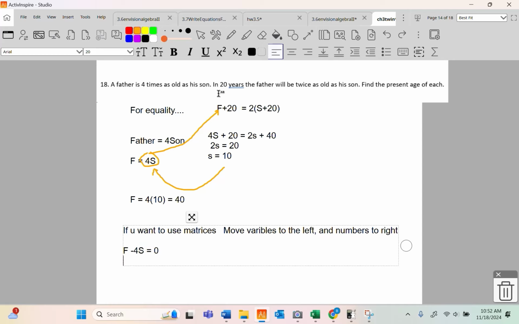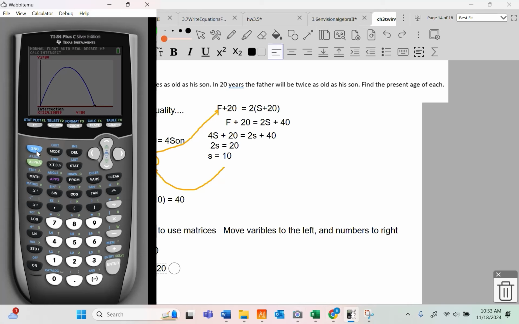Now F plus 20 equals 2 times S plus 20. Okay, let's think about this. F plus 20 equals 2S plus 40. So on the left, I'd have an F minus a 2S, and on the right, I'd have 40 minus 20, which is 20.